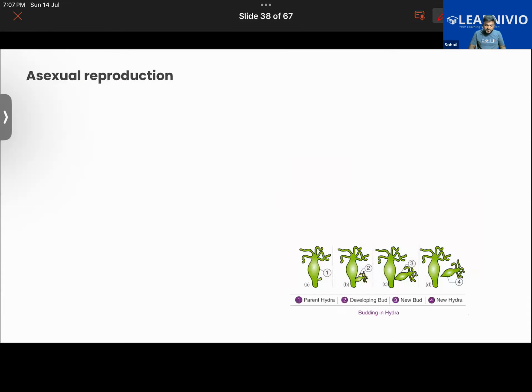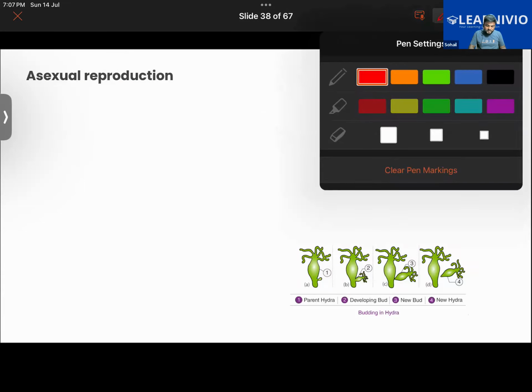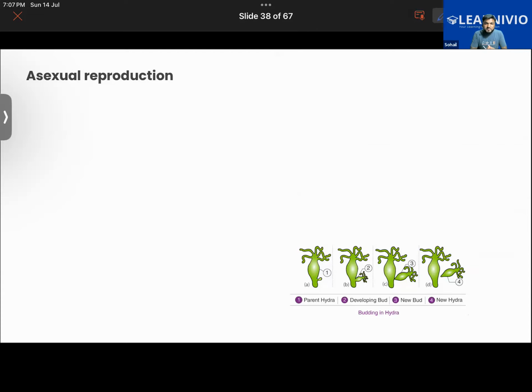If you guys recall, we learned about a microorganism called yeast. There we learned that this microorganism also reproduces via budding. Say this is a cell of a yeast. A small bud would appear on its body like this. Later on, this bud will start to grow further like this.